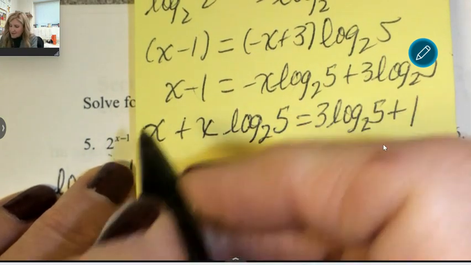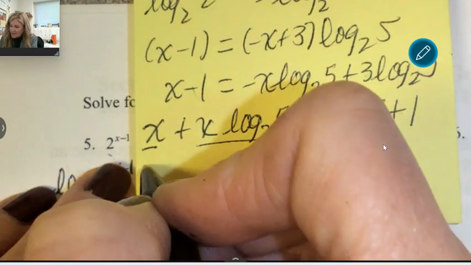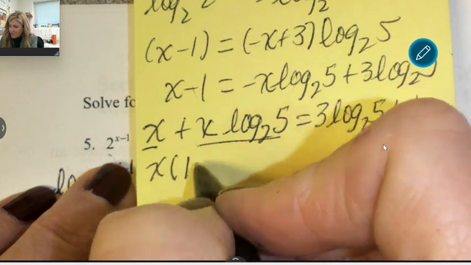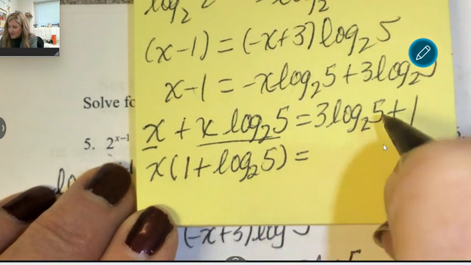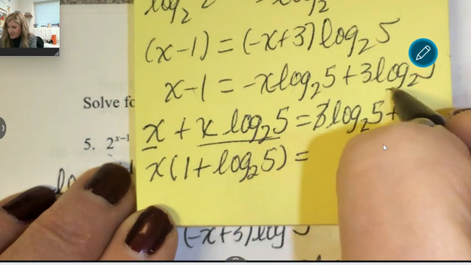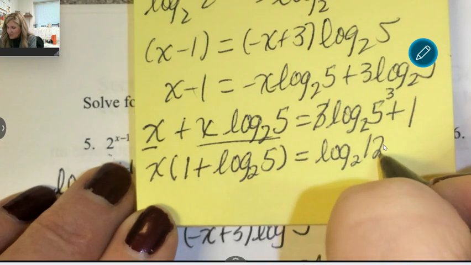And now here's the mistake people typically make. I have an x here and I have an x here. So I'm going to factor out an x, and I have 1 plus log base 2 of 5 equals. I'm going to change this. I think you'll be better off to do the same. 5 cubed is 125.